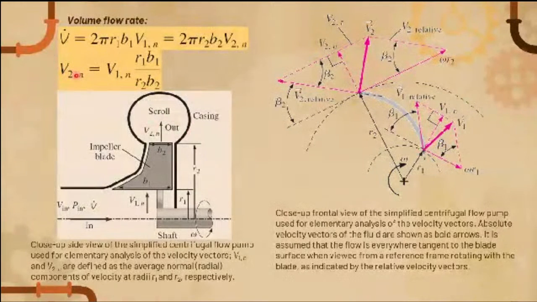This is the V out normal to the opening, to the outlet. So that you can find out what is the V out. We will do one example later on. So this is the equation, and this is just to show you some vector analysis on the flow.